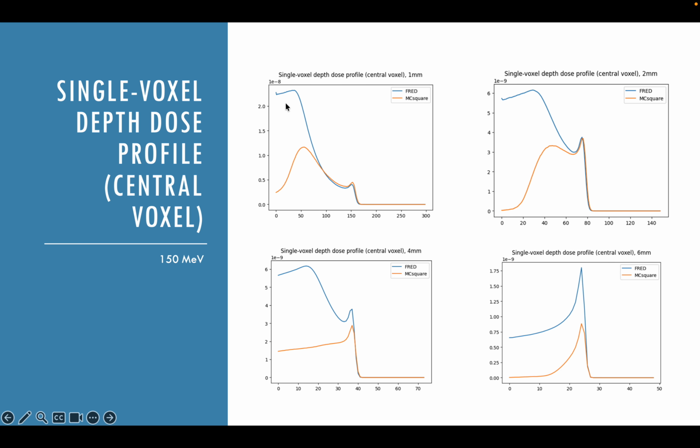So the dose goes down here and here as well. And at the Bragg peak, around 150 millimeter, you get the Bragg peak, which is evident, which is what we should expect.